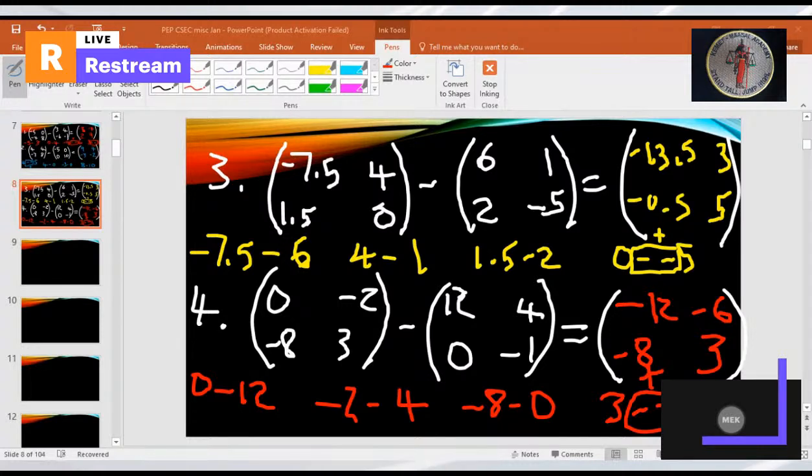You can solve simultaneous equations the graphical method, by intersecting the graphs and reading the solutions from the graph, and then there's a matrix way of solving them. Those are the subtopics we'll be doing in matrices: scalar multiplication, regular multiplication, inverse of a matrix, and simultaneous equations. Excuse me a minute.